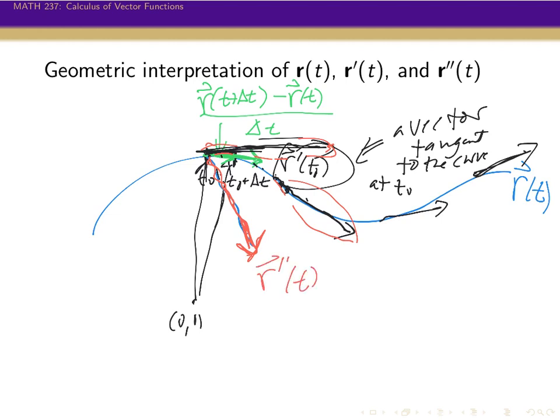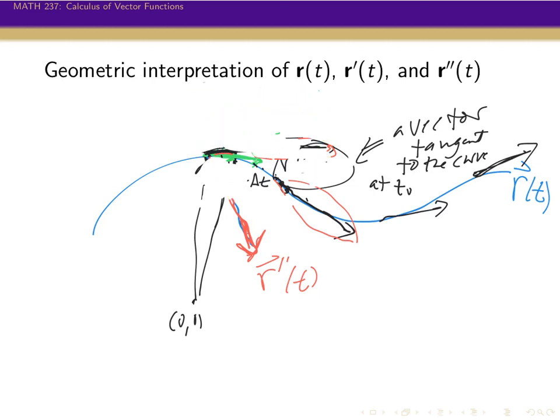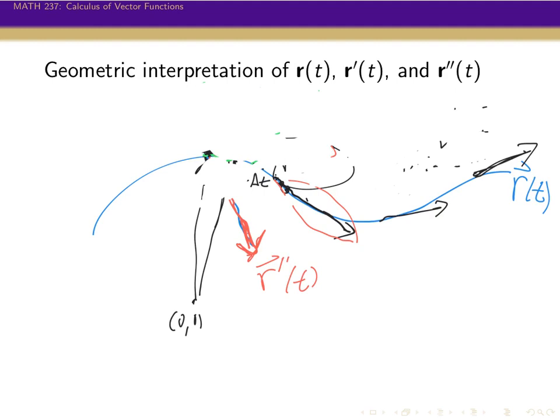And so it turns out, let's clear some of this out. It turns out that if a vector is turning, the second derivative is going to be going in the direction of the turn somewhat.